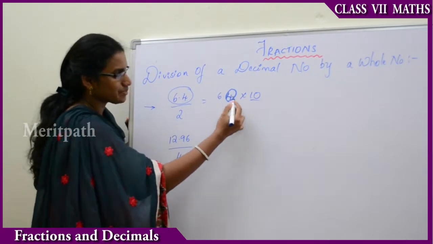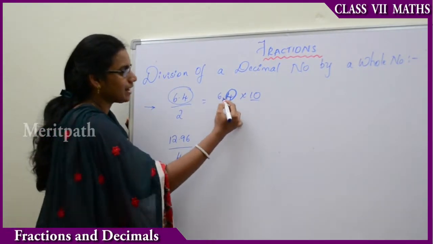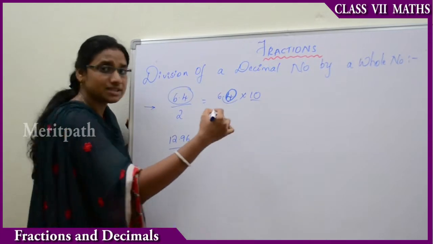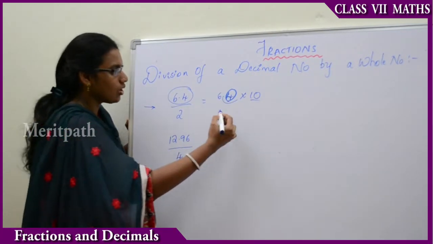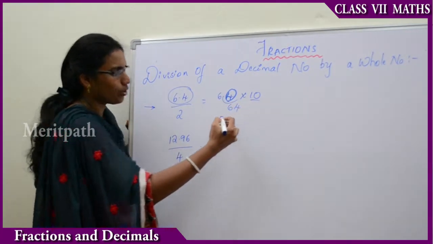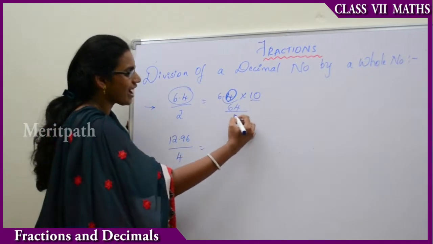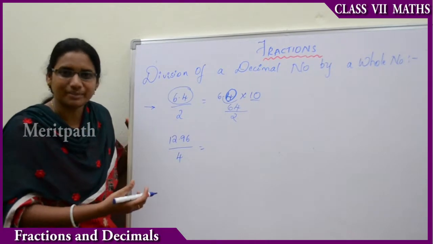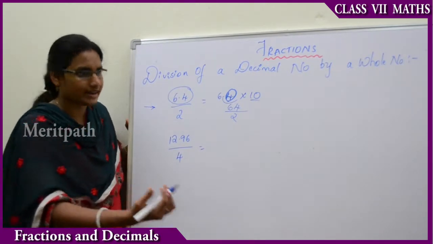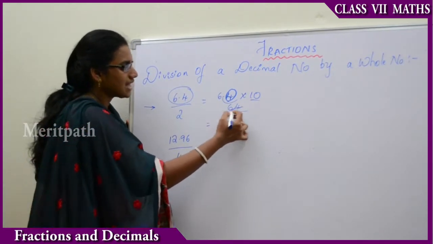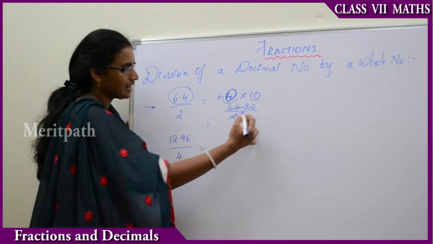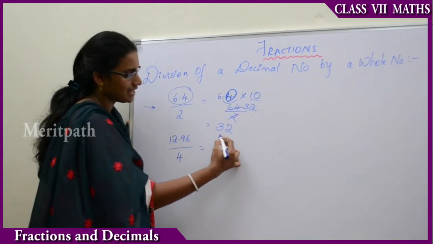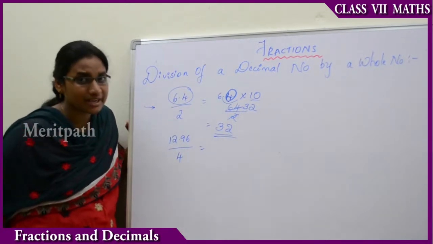So we will be getting 6.4 into 10, it is simply nothing but the point will be shifted towards its right side. So we will be getting the answer 64. Now this 64 is divided by 2. See, when a whole number is divided by a whole number, we will be calling it simple division, and 2 threes are 6, and 2 twos are 4, right? Then we will be getting the answer, that is 32. Hope you are clear with this.